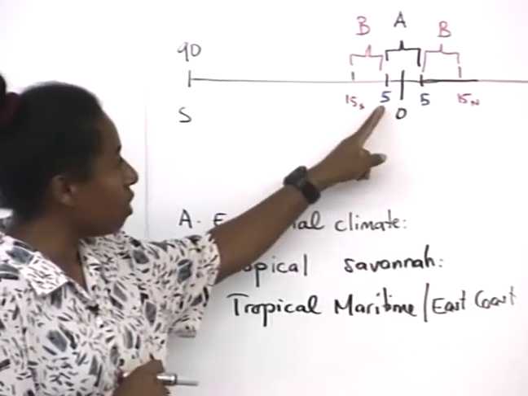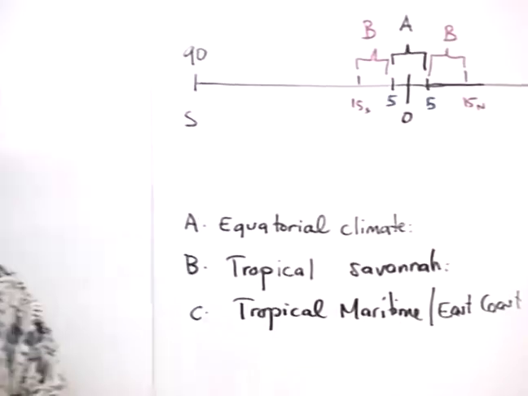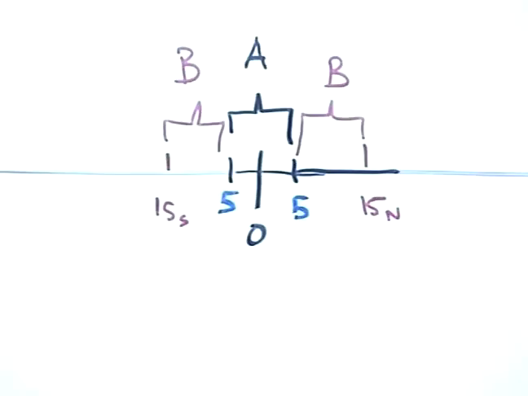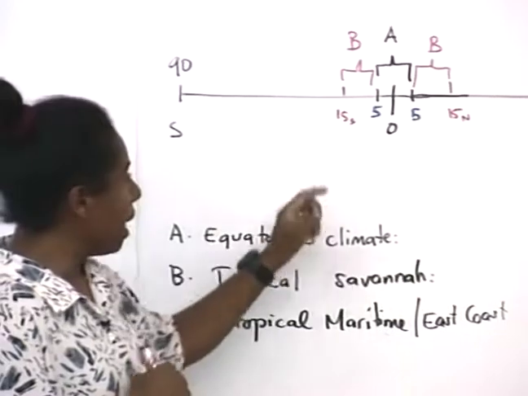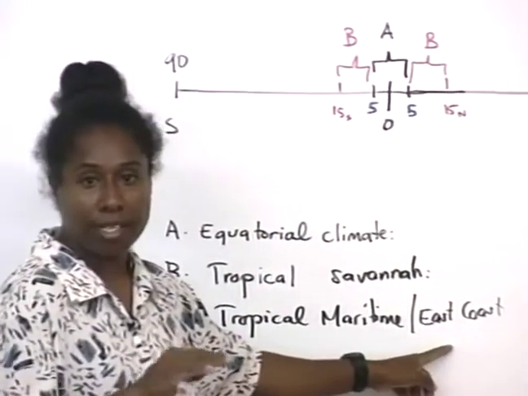It is found at about 5 to 15 degrees to the north and the south, but on the eastern sides of continents. In the tropical savanna, this is mainly inland and the western side, whereas the tropical maritime will be on the eastern side.